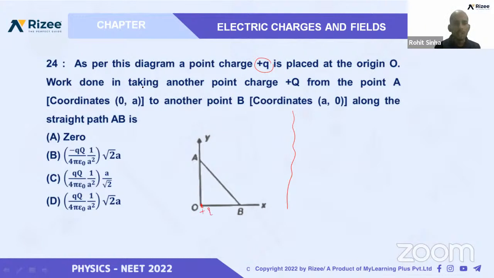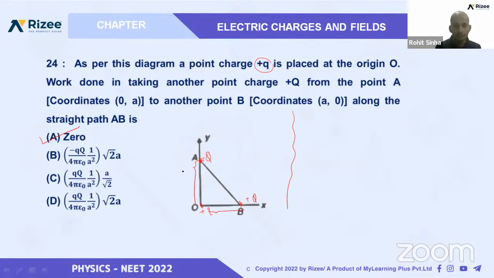Now work done in taking another charge plus Q from point A to point B here. You can see the distance is the same, so potential will be the same at A and B, so it is equipotential, so work done will be 0. No worry, we can say directly 0.